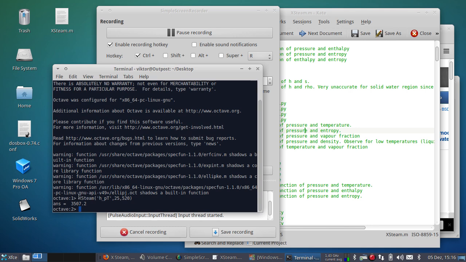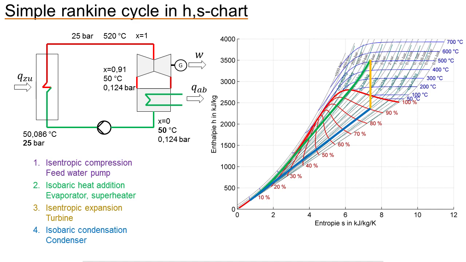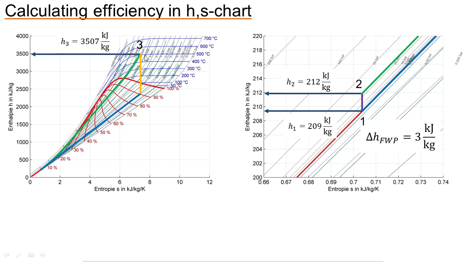There are also some mobile apps for your smartphone where you can get the enthalpy from pressure and temperature. But it's not necessary to do it that precisely. It's okay if you just read in the charts how much these values are. In reality, you have pressure loss and heat losses, and your results don't need to be that precise.